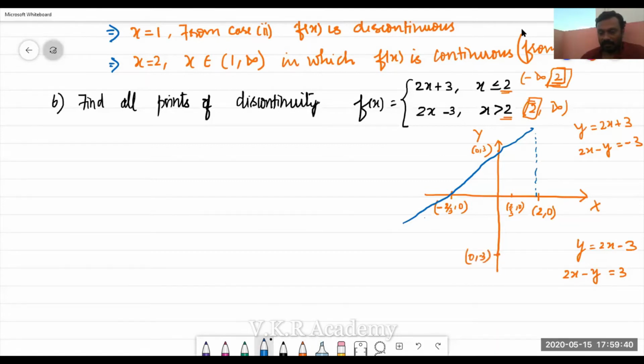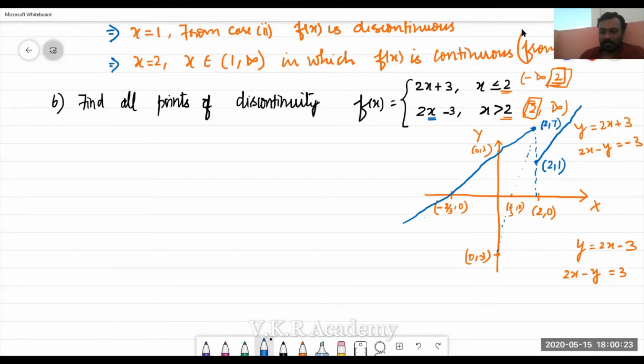So the graph will be here, all it will be a dotted line, and at the point 2 it will cross at 1. So this is the point 2 comma 1, because when you give x is equal to 2 here, it will be 4 minus 3, that is 1. Y will be 1. So this is the point 2 comma 1 and this will be the point 2 comma 7.